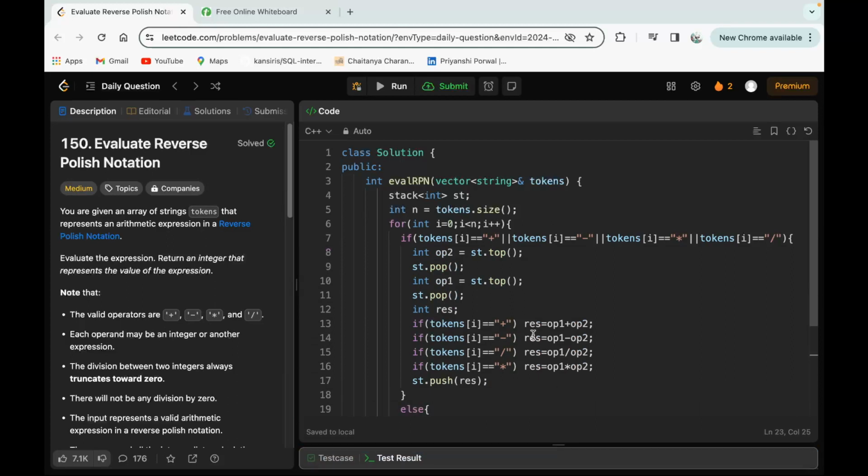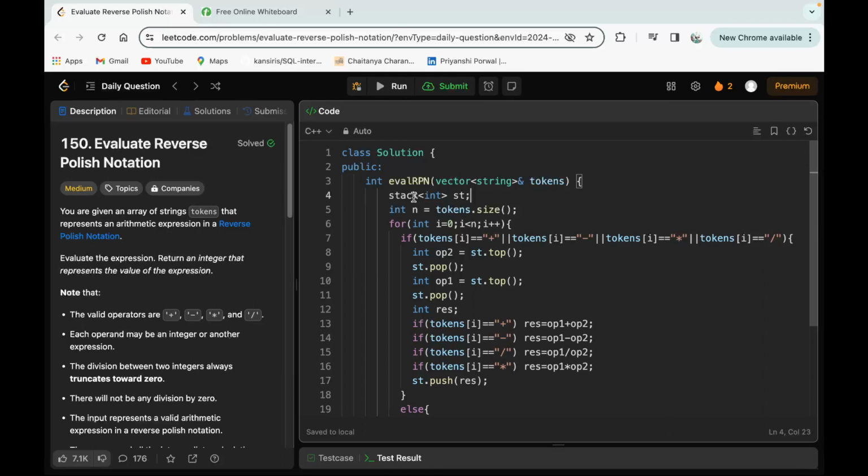Now let us discuss the time and space complexity. So the time complexity, you can simply say we are only iterating once throughout the whole string. So it is going to be big O of n only. And if we talk about space complexity, the space is because of this stack, and at most n number of elements can be in the stack, and it will definitely be lesser than that because there will be some operators and it is a valid expression.